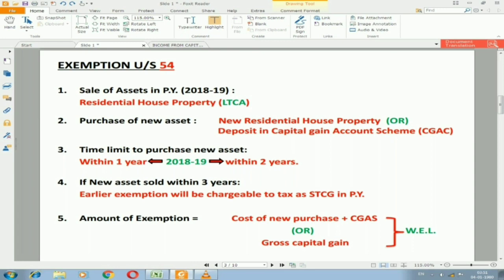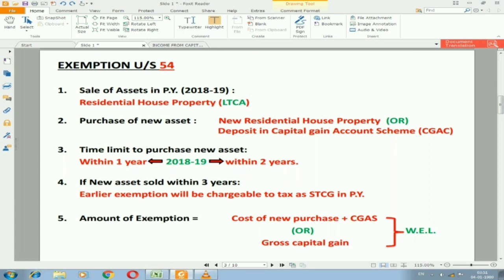And the last one, the amount of exemption, we are supposed to calculate while doing the illustration. If he satisfied the first 3 conditions, then we apply the fifth one, that is, cost of new purchase plus capital gain account scheme, or gross capital gain, whichever is the lower amount, we are going to consider as exemption.